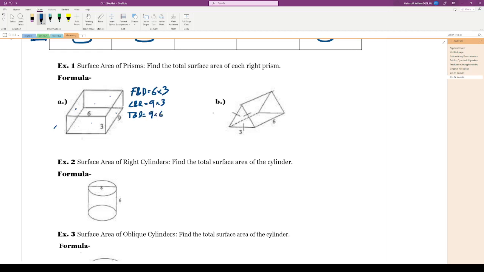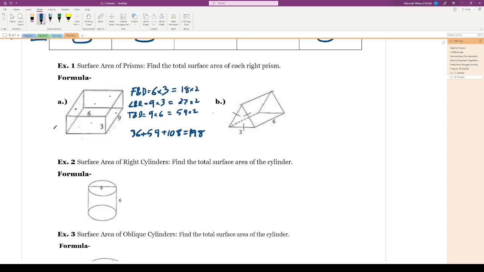And I have 2 of each of those. So I have 18 times 2, 27 times 2, and 54 times 2. So in total, that's 36 plus 54 plus 108, which is equal to 198. And we don't have any units, so that's it.